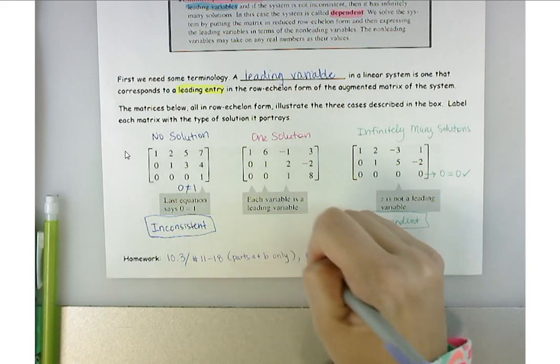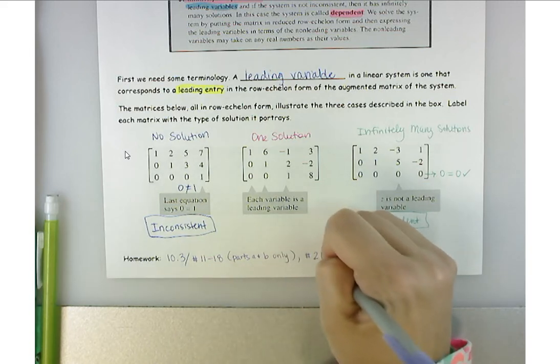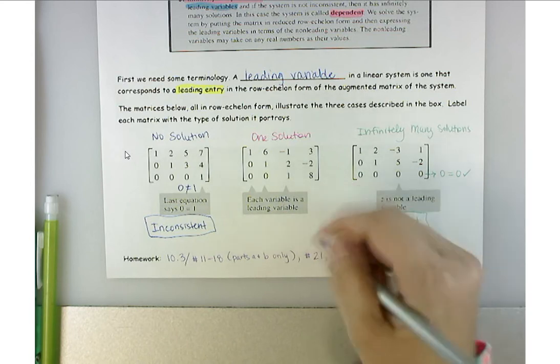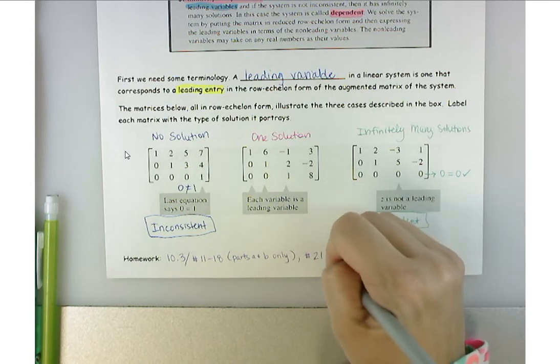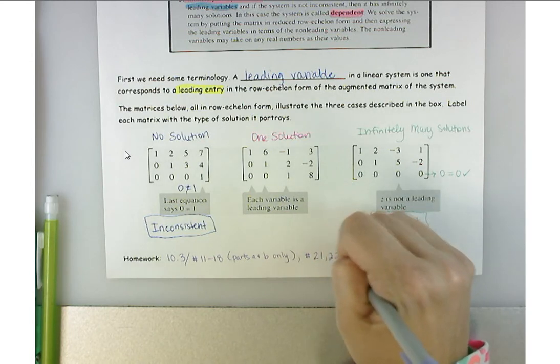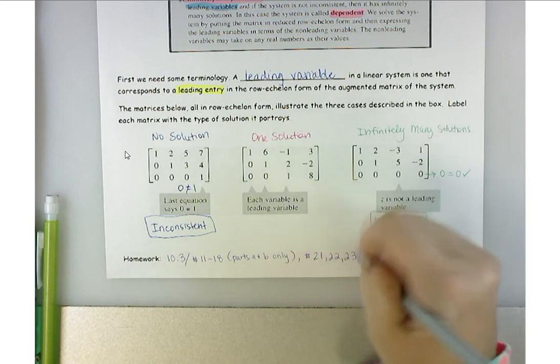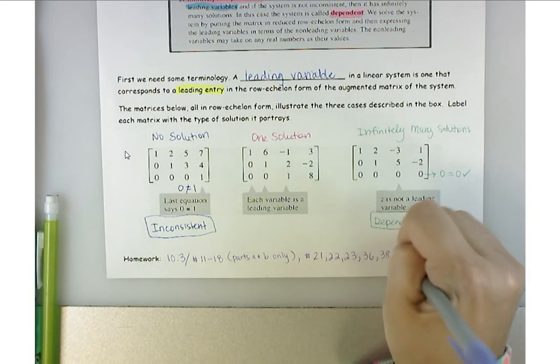And then you'll have some where you're going to practice, this is 21 through 23. I'll just put 21, 22, 23. And then 36, 38, 39.